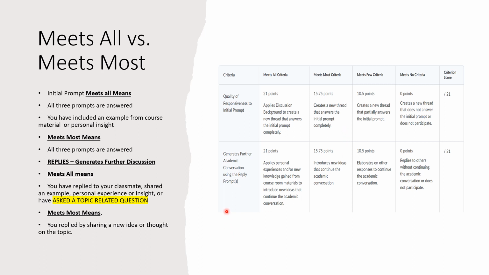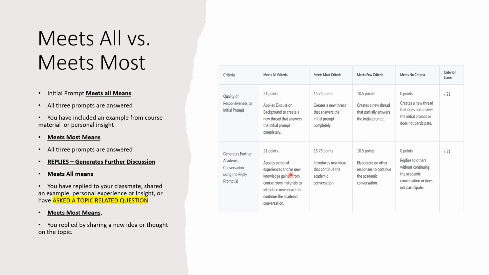Now, when it comes to generating further academic conversation using the reply prompts, let's make that simple. When you're replying to a classmate, a meets all means you've replied to your classmate. You can say, I agree, I disagree, or that was a good idea, but then add your thoughts about why you agree.